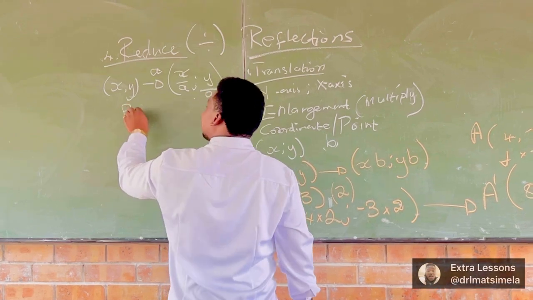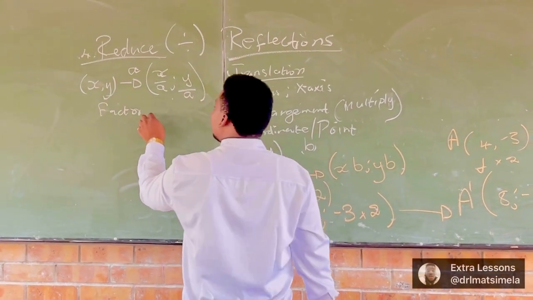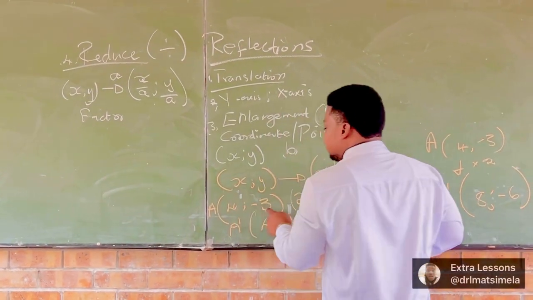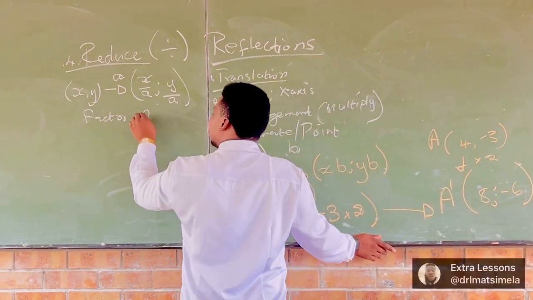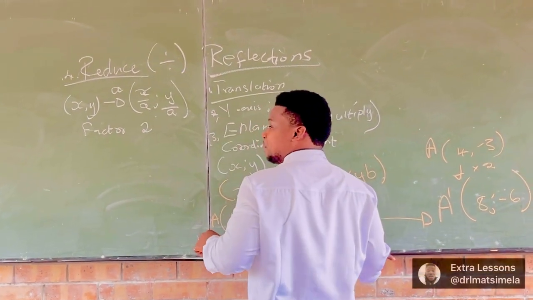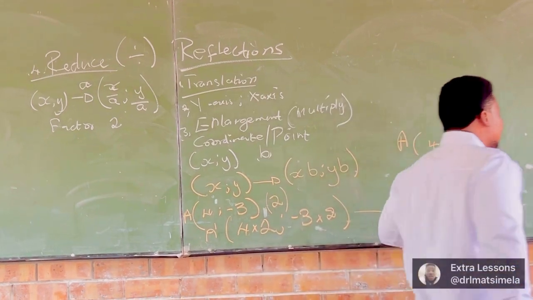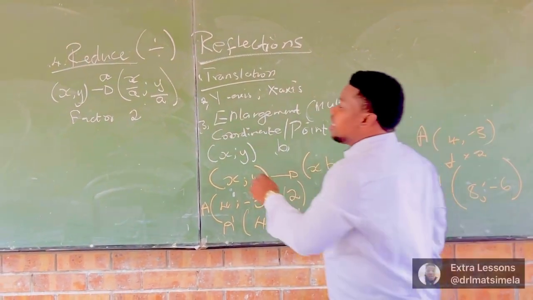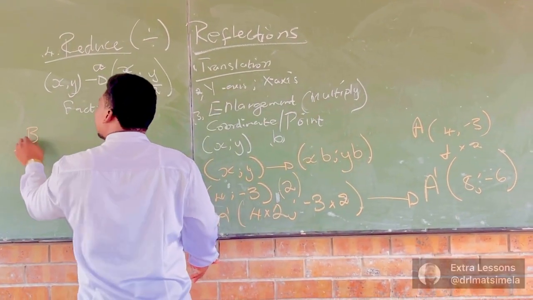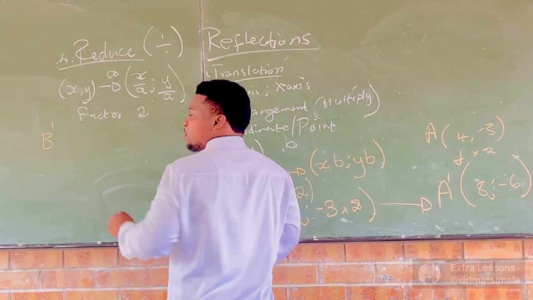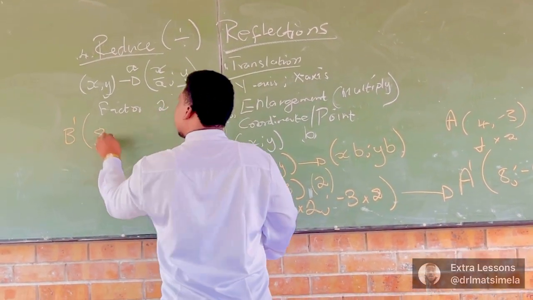Let's say the factor that can reduce this value is 2. Then let us give a coordinate that can be reduced. Let's say the coordinate is coordinate B, which is 8 and 10.